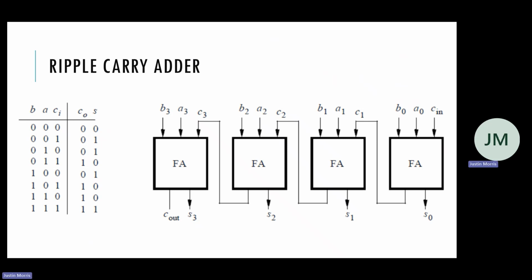The key thing to note here is I calculate the sum for the first bits with the first full adder. I generate this carry, whether it's 0 or 1, right? And it goes into the carry in of the next adder. To calculate this one, it goes into the carry in of the next adder, calculate this one, into the carry in of the next adder. I have my sum and my carry out.